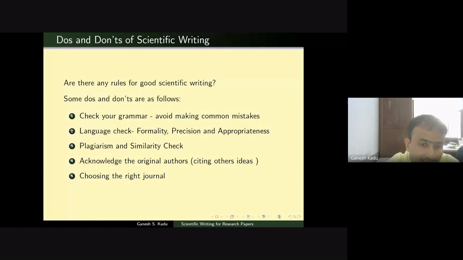How to do that? If you get it published in the right journal, only then will it reach the right audience. Otherwise it will be neglected even if it has some good content.